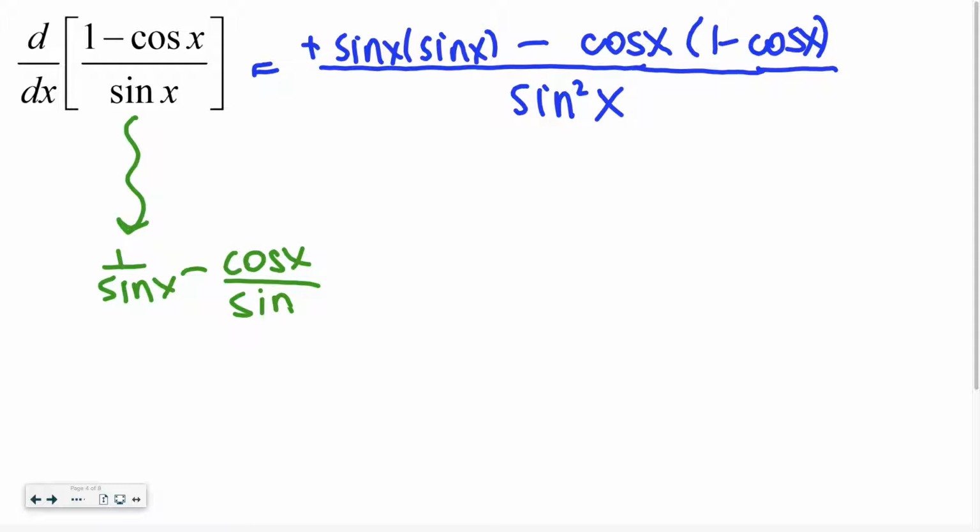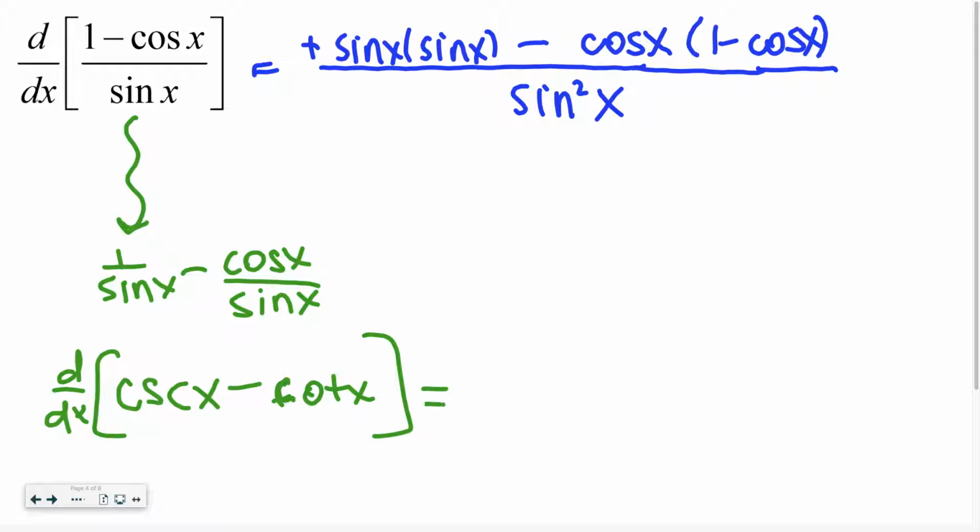Is this mathematically legal? Yes. And what is 1 over sine? And what is cosine over sine? So the derivative of that would be negative cosecant cotangent minus a negative cosecant squared x, which is what that's equivalent to.